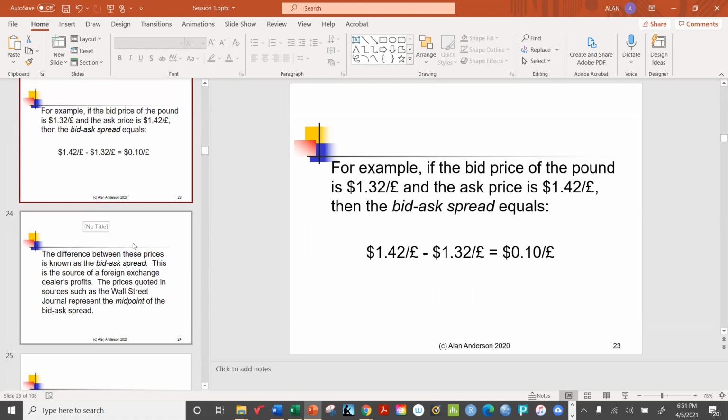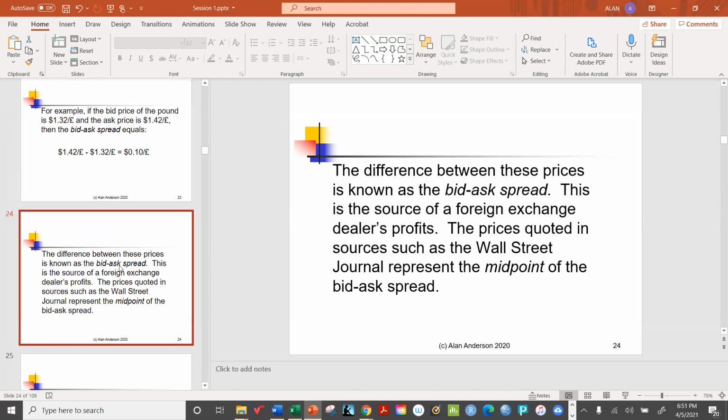So, for example, if you're only buying 100 pounds, then you'll get this very wide bid-ask spread. But if you're buying 1,000,000 pounds, then what you're going to end up with is a much smaller spread.